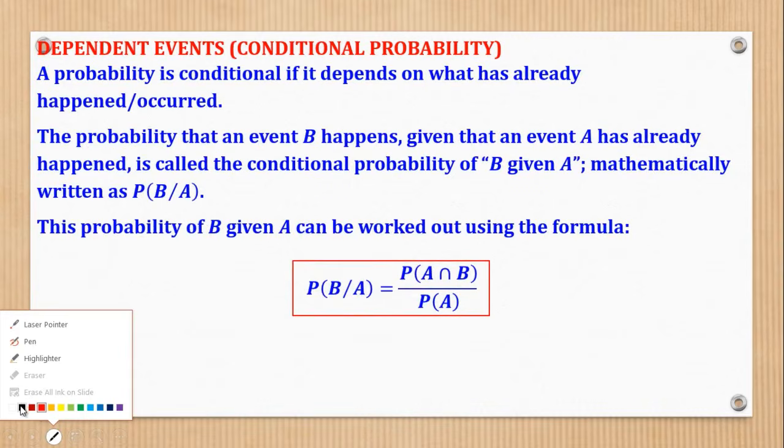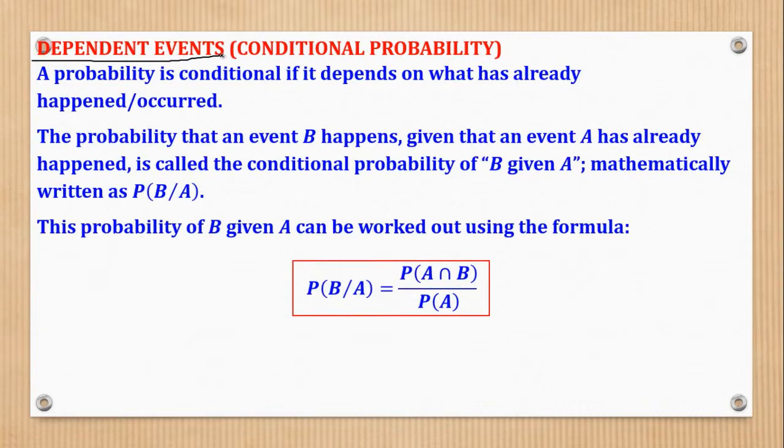Now we shall go to another type of event which we call dependent events, or what we call conditional probability. So a probability is conditional if it depends on what has already happened or what has already occurred. The probability that an event B happens given that an event A has already happened is called the conditional probability of B given A. And in mathematical symbol we write it as B/A.